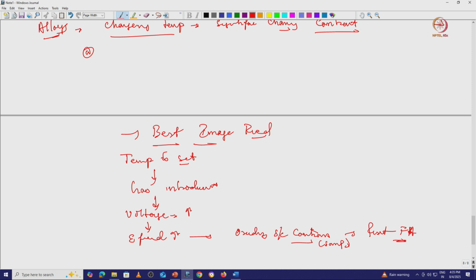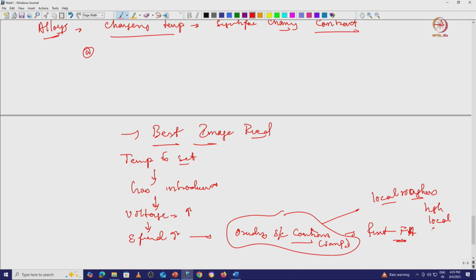Okay. This is due to the presence of oxide, due to the creation of local roughness, or high local curvature, due to the presence of these contaminants.